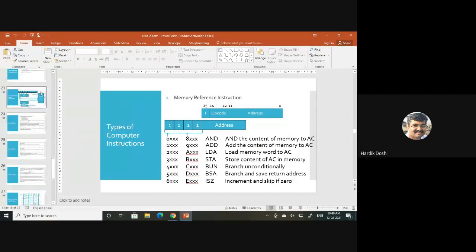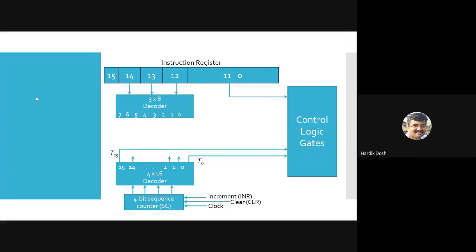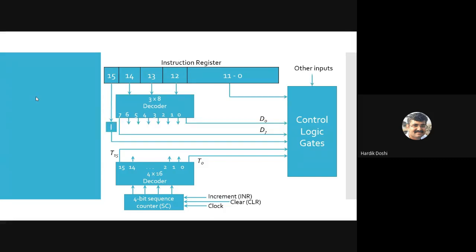So let me come back again. Now see, this is the instruction we have. What will the computer do? It will decode these 3 lines, 0, 0, 1. Which signal will be generated from this decoder? 0, 0, 1 means add, but out of this decoder, which line will be 1?